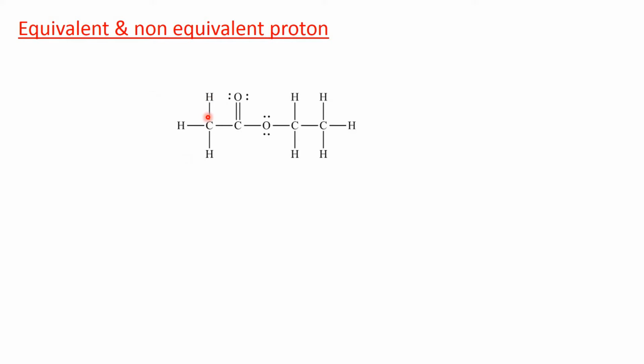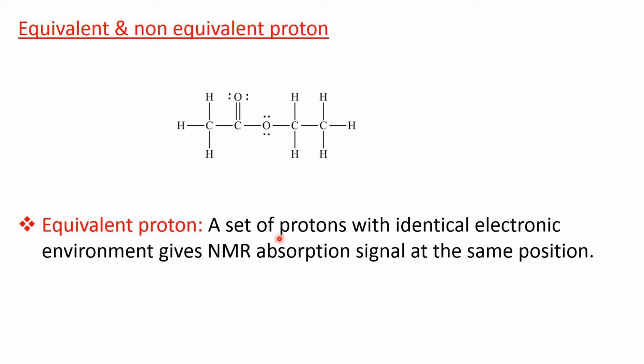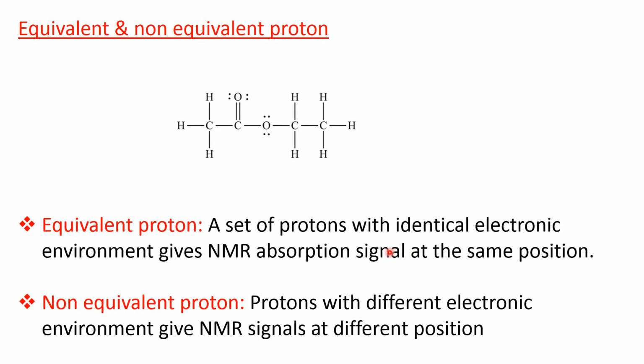Equivalent protons give the NMR signal in the same position, and non-equivalent protons give an NMR signal in a different position. So, equivalent protons are the set of protons with identical electronic environment that give an NMR absorption signal at the same position. Non-equivalent protons with different electronic environments give NMR signals at different positions.